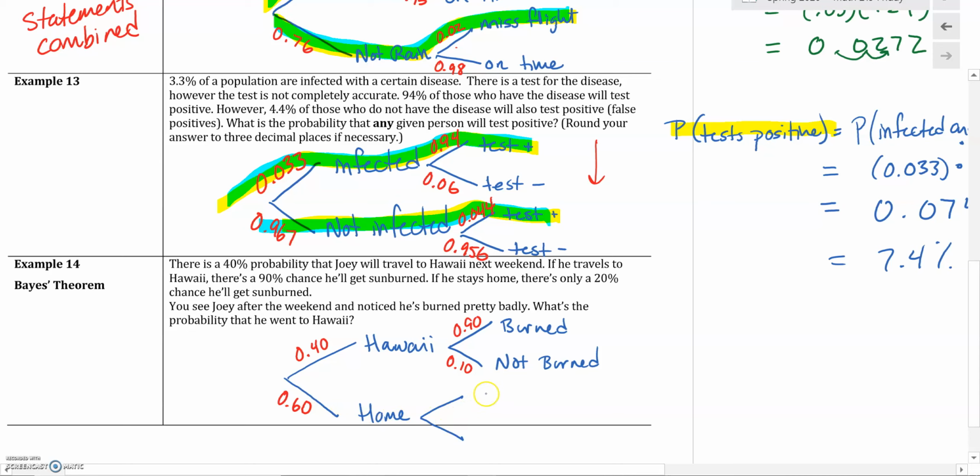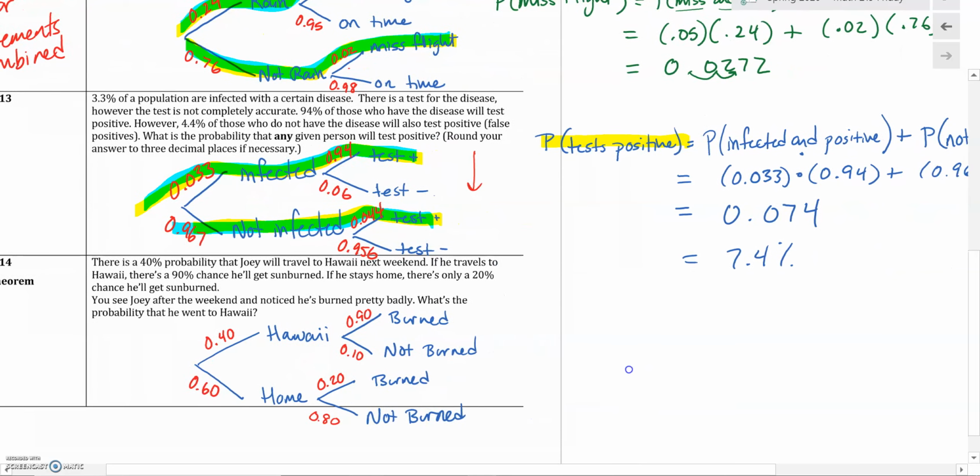Even if he's home, he could still get a sunburn or not. They said it was a 20% chance he'll get burned if he stays home. Not burned being the complement, we know that would be 0.80, the chance that he does not get a sunburn if he stays home.